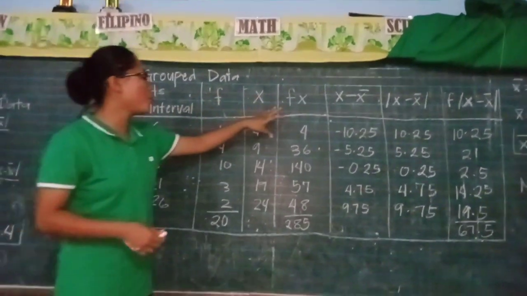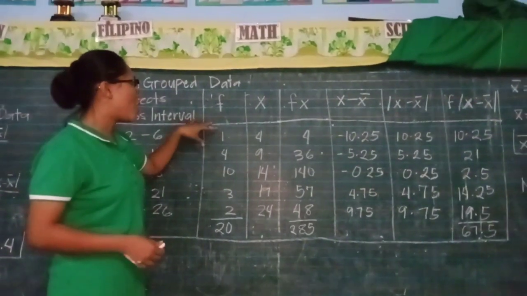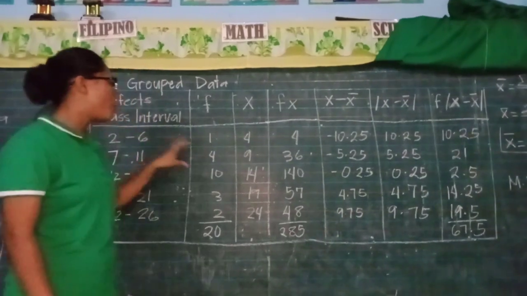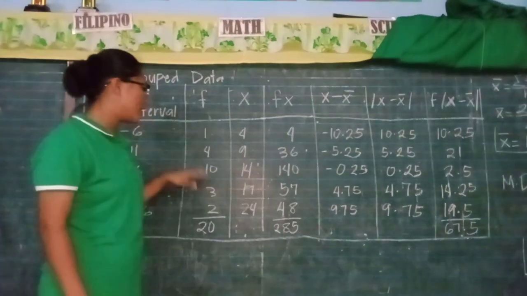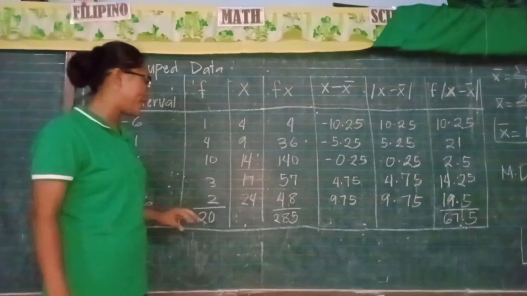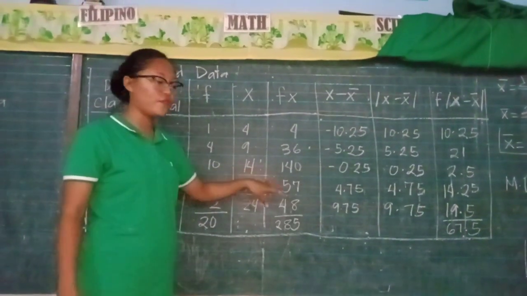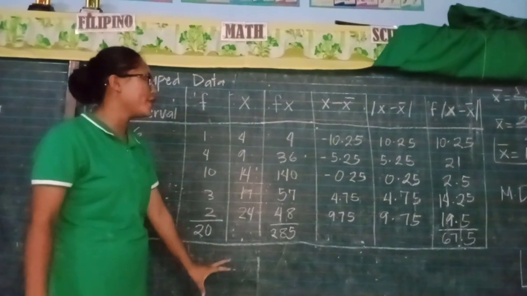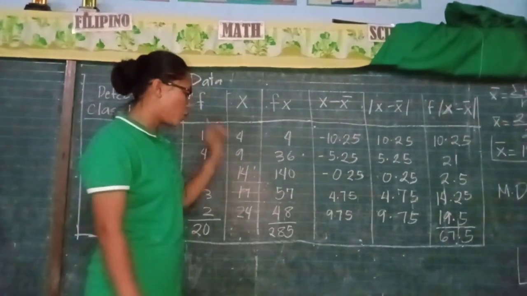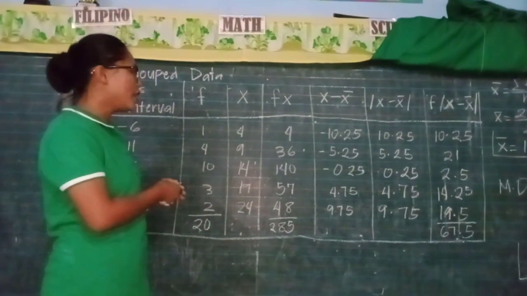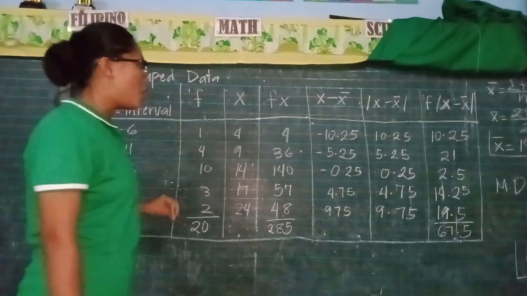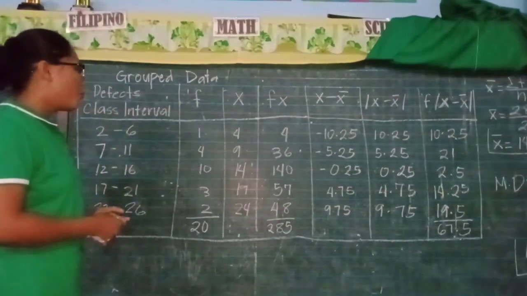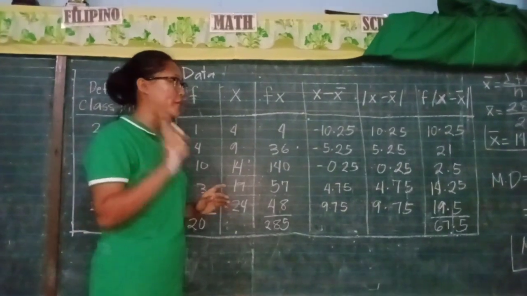We will multiply f and x, and that is 1 times 4 equals 4, 4 times 9 equals 36, 10 times 14 equals 140, 3 times 19 equals 57, 2 times 24 equals 48, and the total of our fx is 285. And now we will proceed to the next column, the value of x minus mean. But before that, we will find our mean.